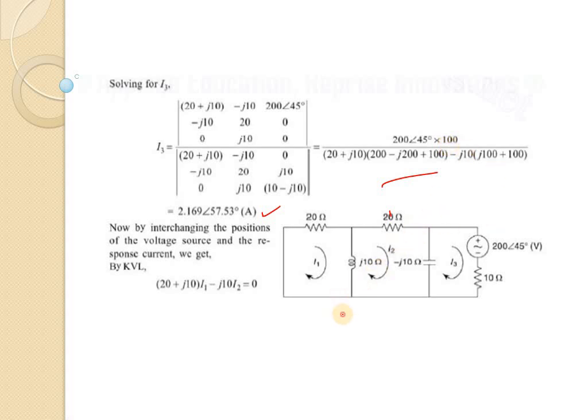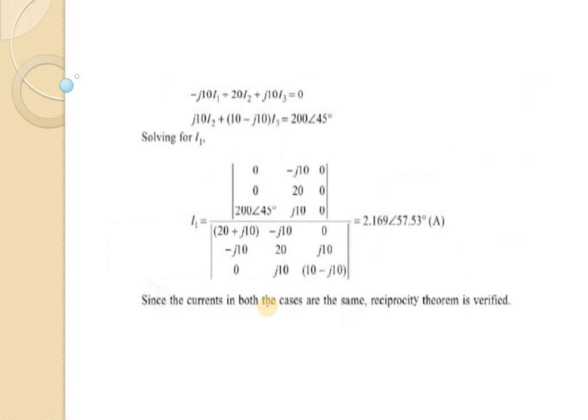Now we will again apply KVL and form the equations in a similar way. This is the first equation where no source is present in loop 1, then equation 2 for loop 2 and equation 3 for loop 3. Again using Cramer's rule, we solved the current for loop 1, because we have replaced the path.